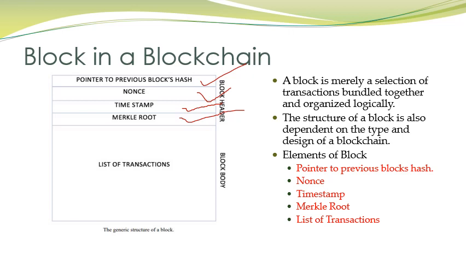We will see in detail what this Merkle root is. And it also contains the list of transactions. The list of transactions is bundled in this block, and if the transaction is finalized, then this block is inserted into the blockchain. It is appended at the end of the blockchain. So these are the components of the blockchain.